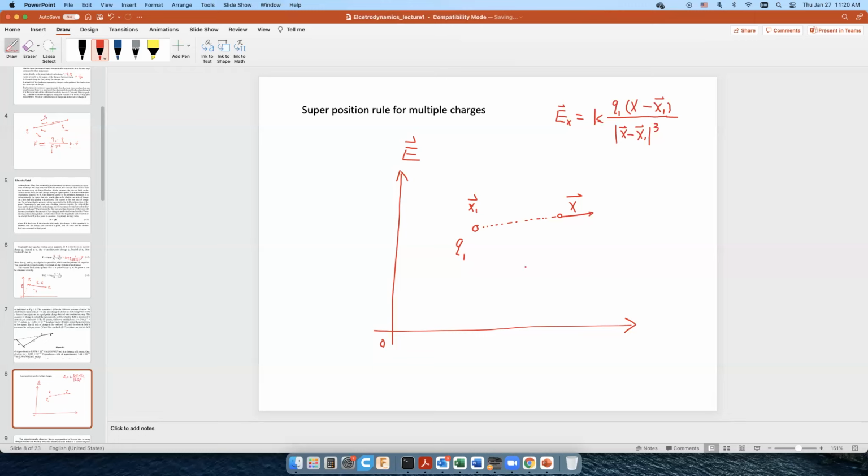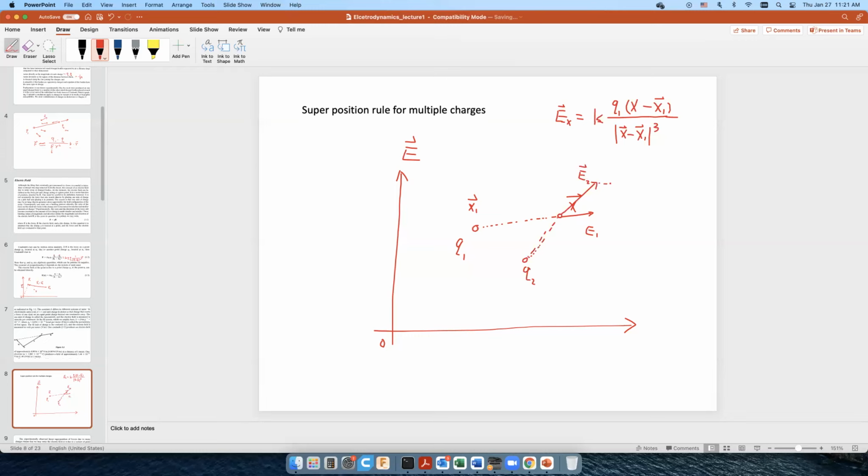Now, if you have another charge, Q2, then what's the electric field at the position X? It's easy. You draw a line between Q2 and X. Then you will have the electric field, let's say this is E1 and this is E2, which are generated by Q1 and Q2.